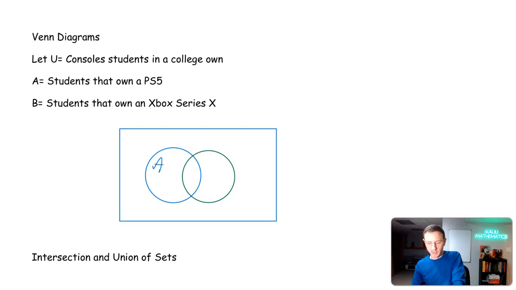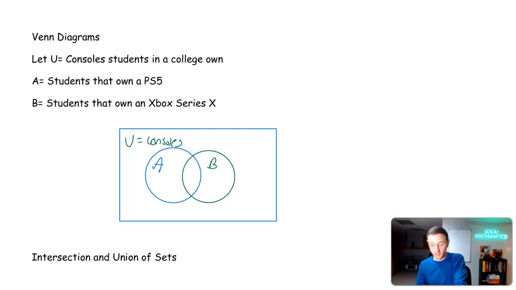And then set B is a set of people that own an Xbox Series X. We also have to designate that the universe here, U, is equal to all consoles students in a college own. So A and B.